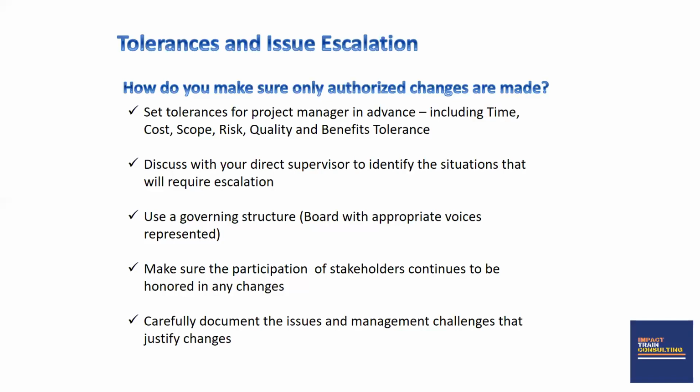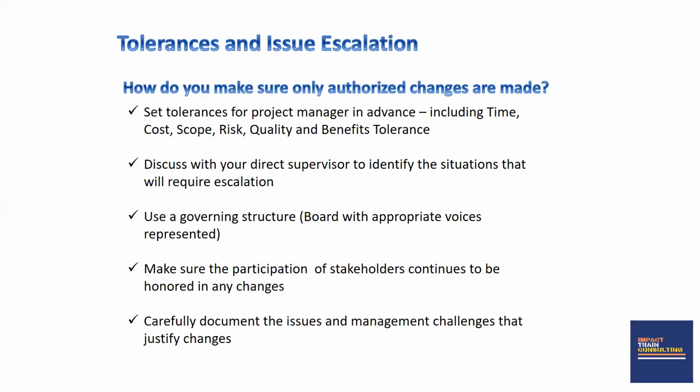You also need to discuss with your direct supervisor to identify situations that will require escalation. Because where you are going to be working, sometimes you'll be in hard to reach locations where you might not have internet connectivity. And so how do you reach your supervisors to seek the approval on the project? You also need to use a governing structure.